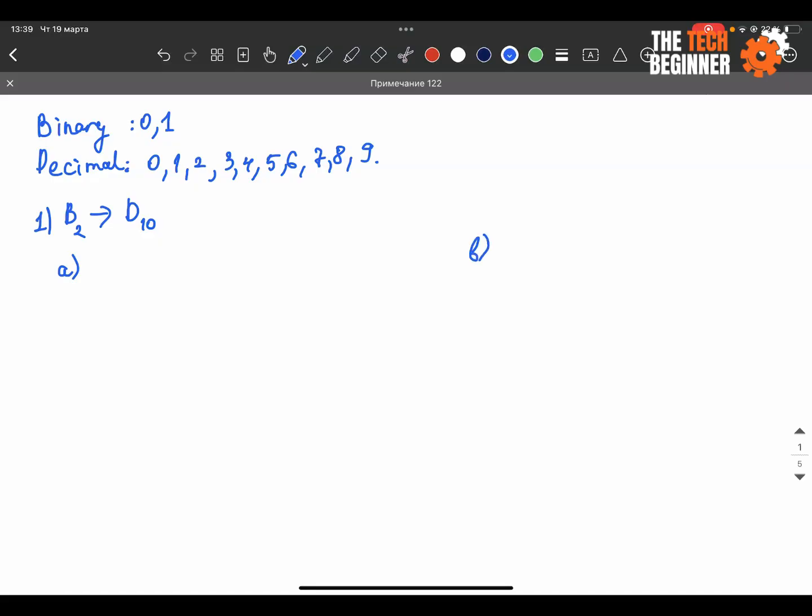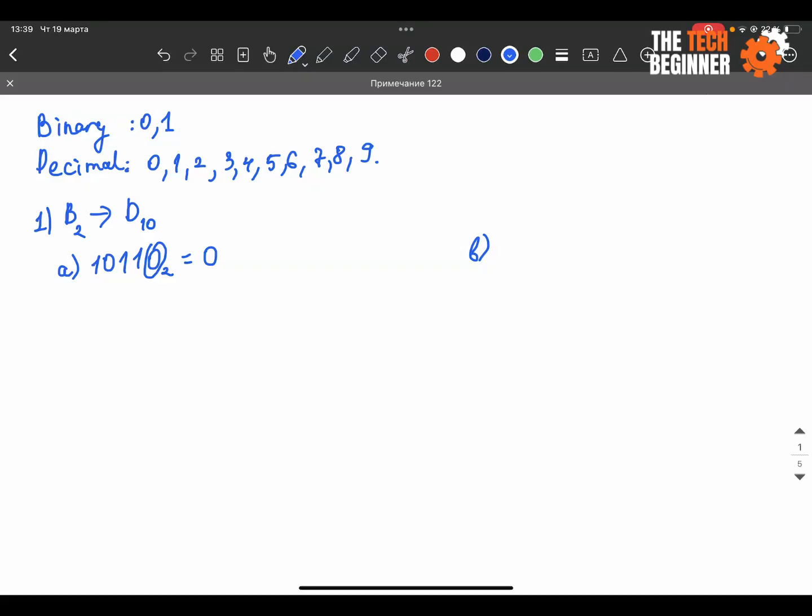Let's have as a first example a binary number: 1, 0, 1, 1, 0. So how do we convert from this binary number to decimal? In the first method, we start from the last coefficient, which is called the least significant bit.